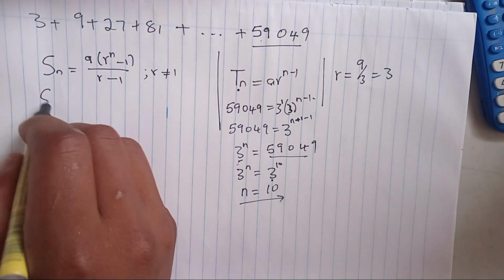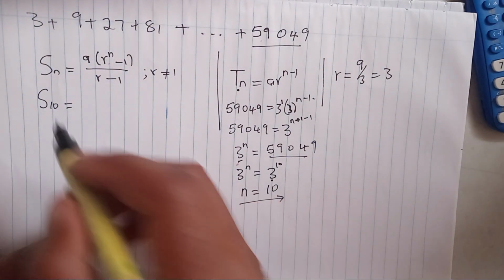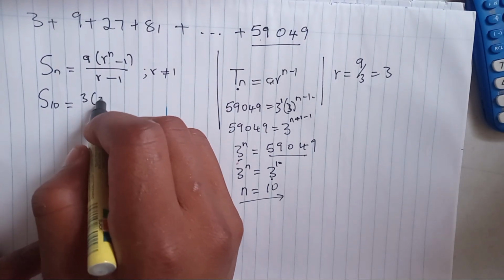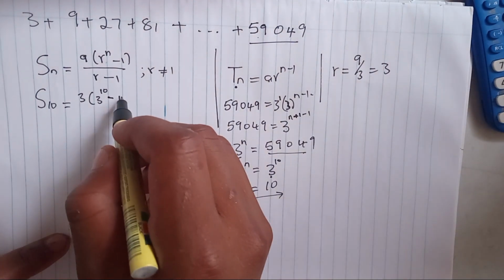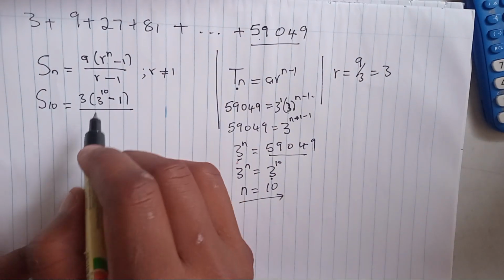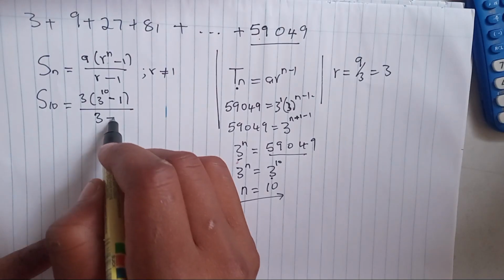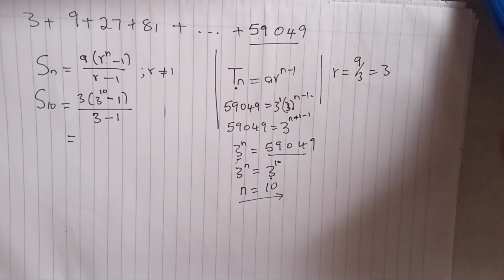So it's easy for us to get the sum of the first 10 terms of the sequence. A is 3 into 3 exponent 10 minus 1, divided by 3 minus 1, and then we click our calculator from there.